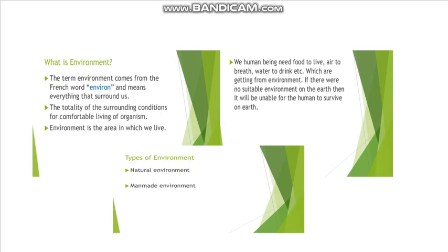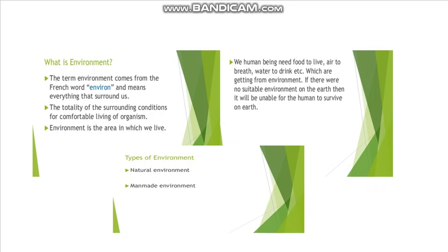And from where do we get this oxygen? Yes, we get it from the air. So air is important for us, and we get this air from our surroundings, that is, from the environment. Water to drink is also very important.